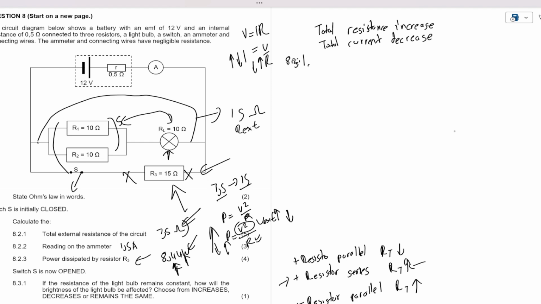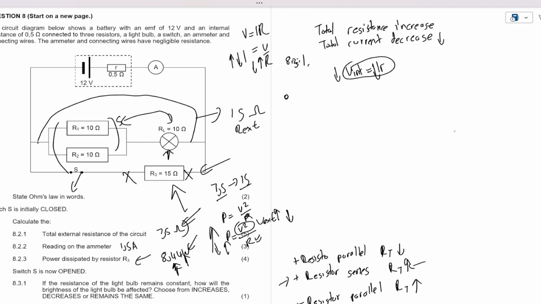In the battery, because the total current decreased, and V internal, or internal voltage, equals IR, this will tell us that because the total current has decreased, it will cause the V internal to decrease.